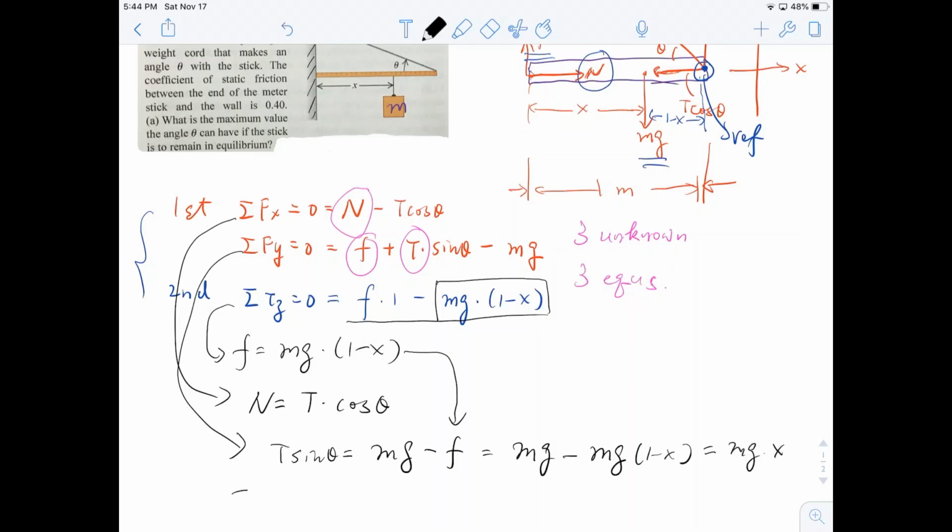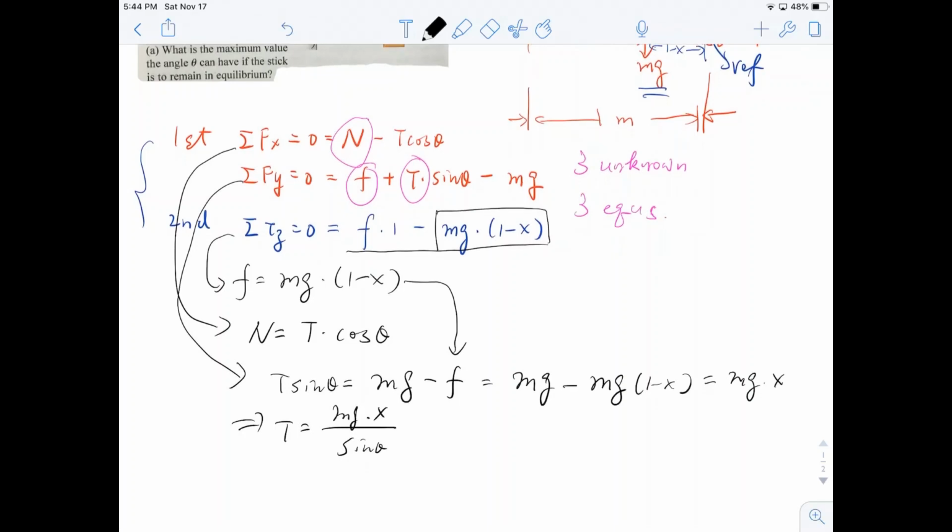So we can solve for the tension: that's mg times x divided by sine theta. Now we know what the tension is. We know m, we know x, we know theta, and then we can substitute this to find the normal force.